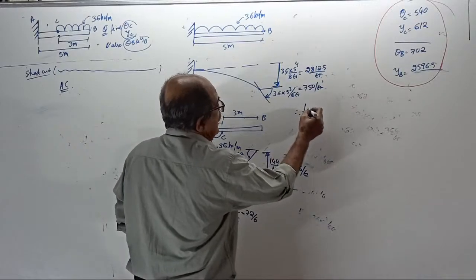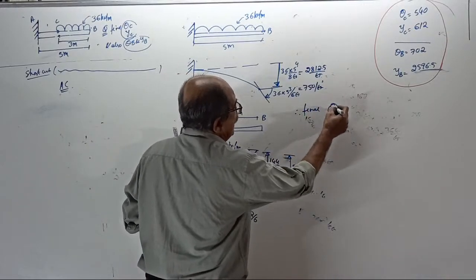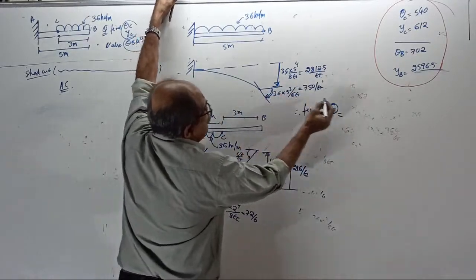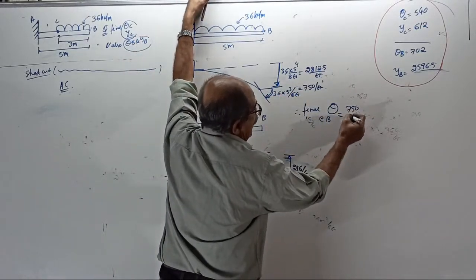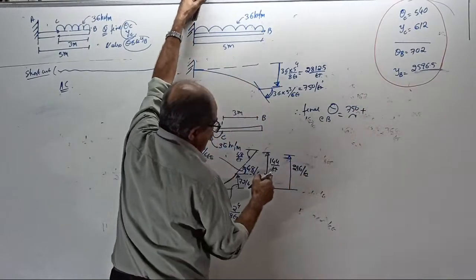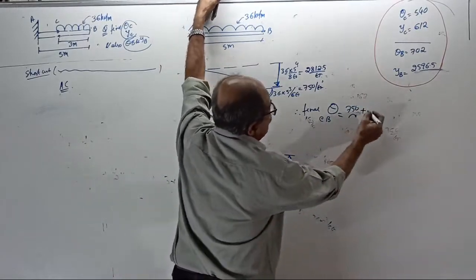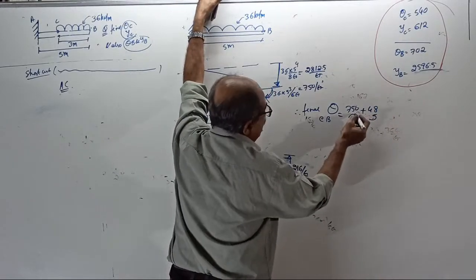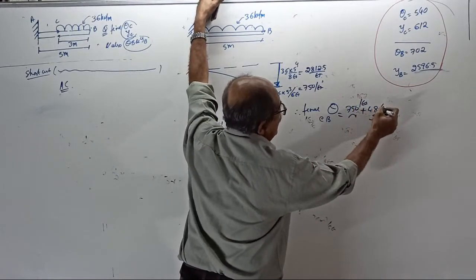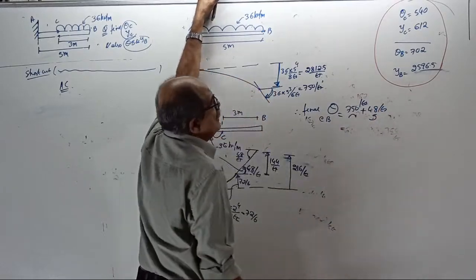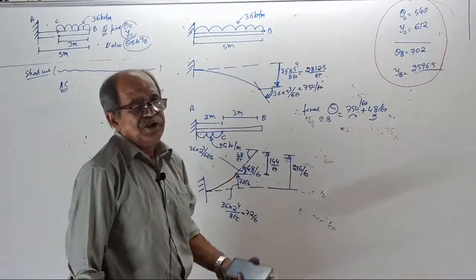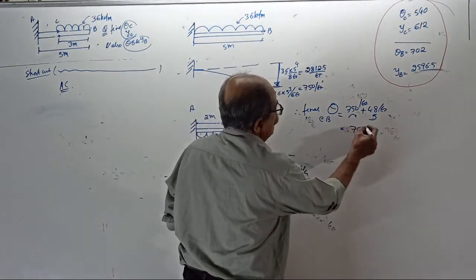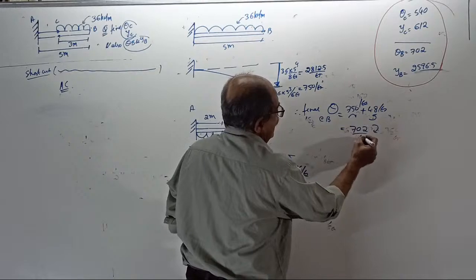Therefore, the final slope theta at B will be 750 by EI clockwise and 48 by EI anti-clockwise. Answer: 702 clockwise by EI.